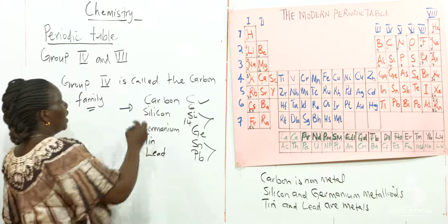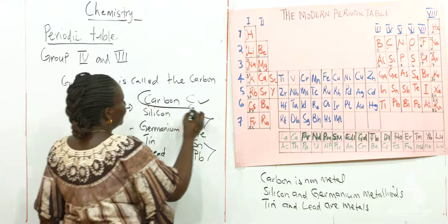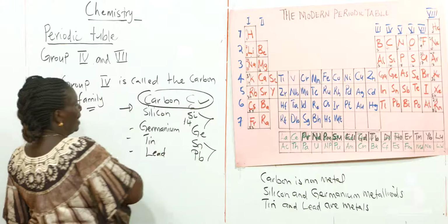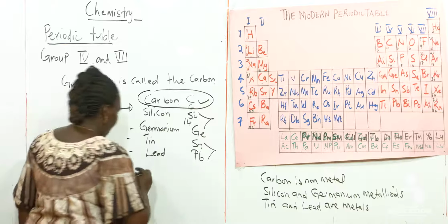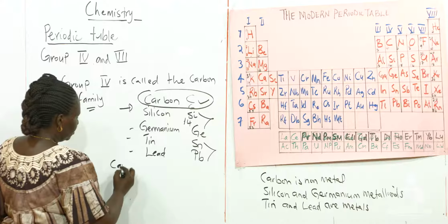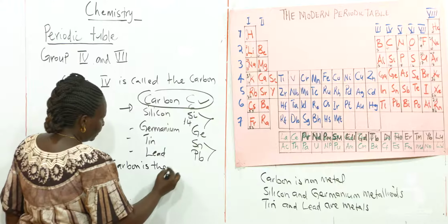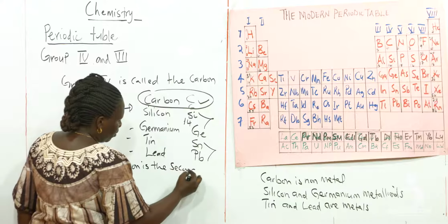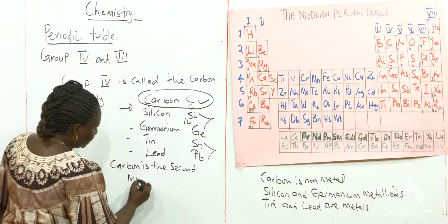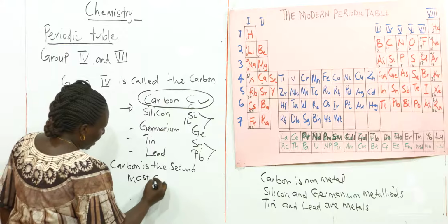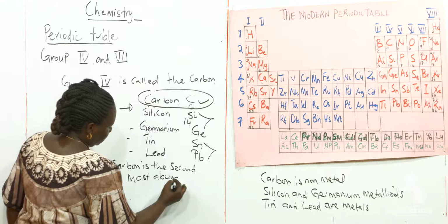Carbon is the second most abundant element after oxygen.